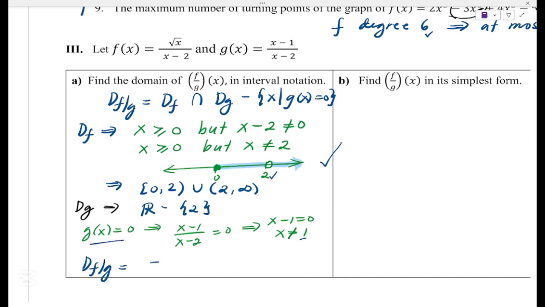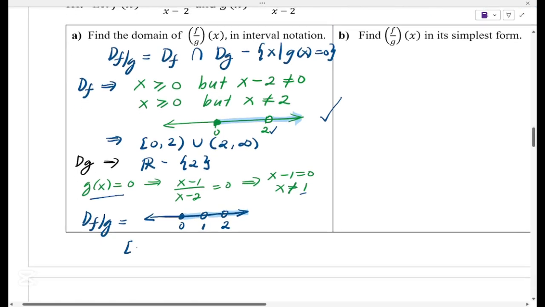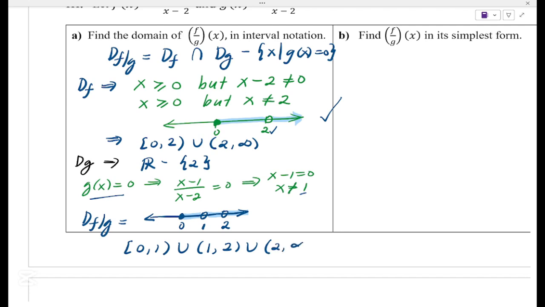So your domain of f over g starts from 0, then open at 2 and also open at 1. Writing this in interval notation, we have 0 to 1, union, 1 to 2, union, 2 to infinity. So this is the domain of f over g.